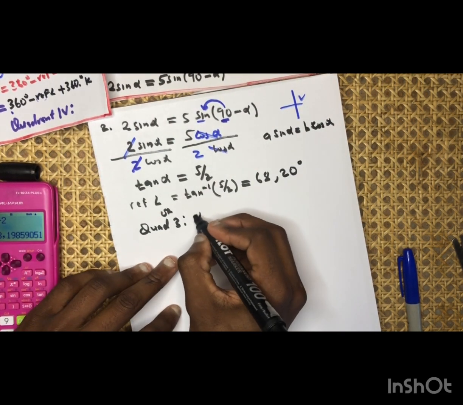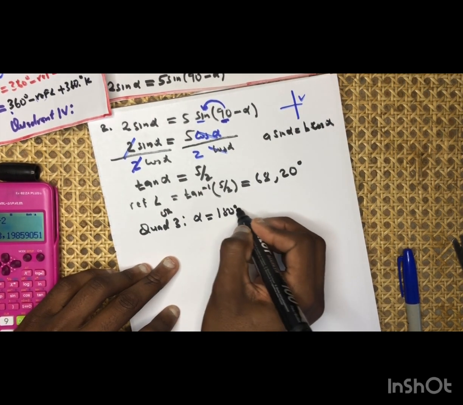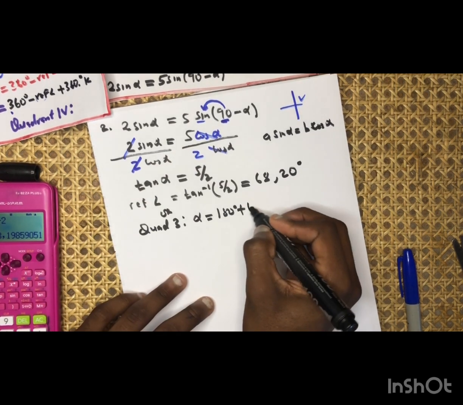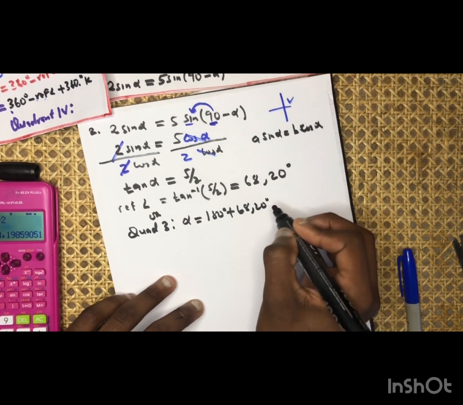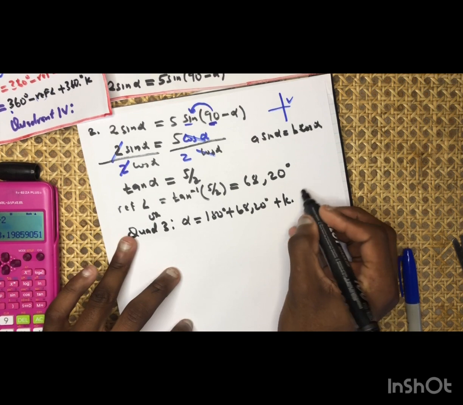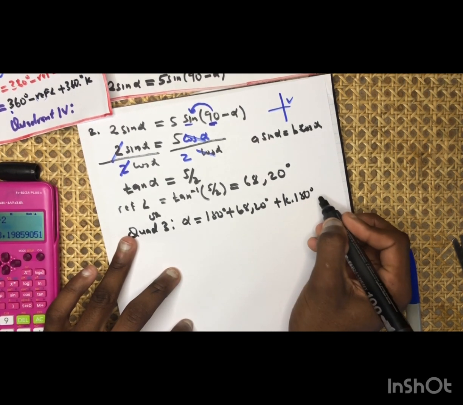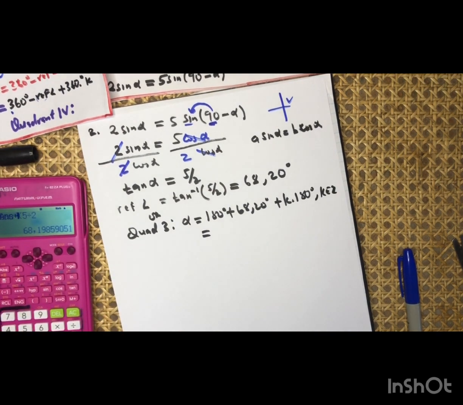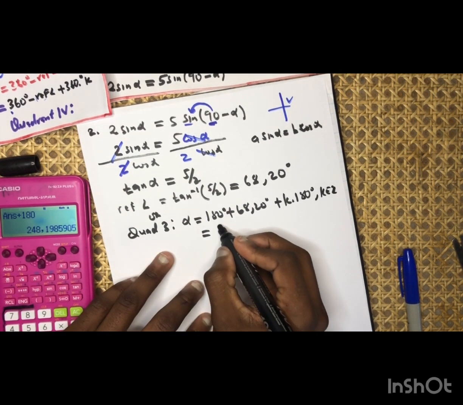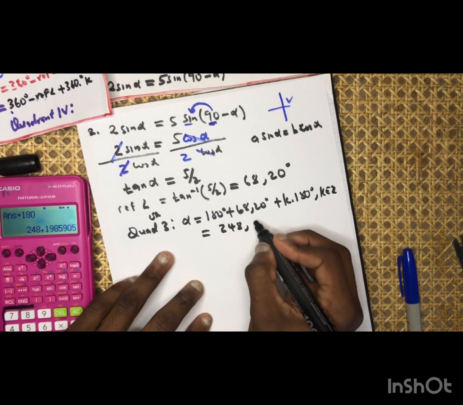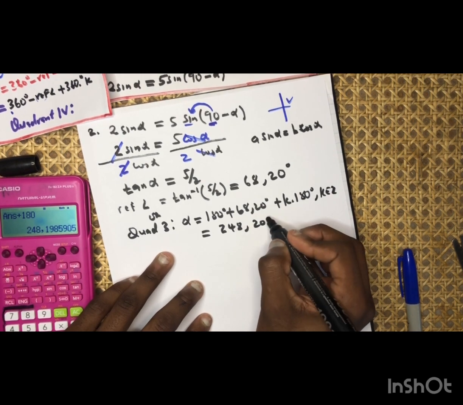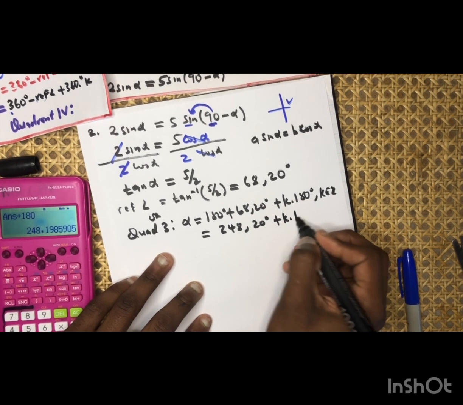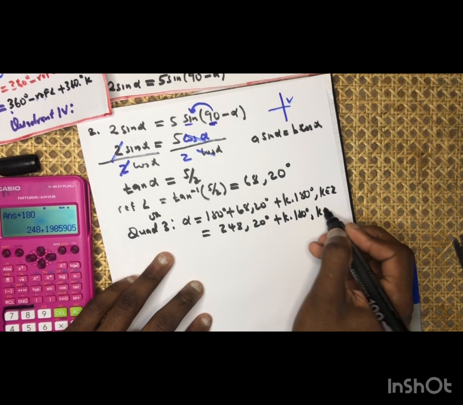So I'm going to say alpha is equal to 180 plus your reference angle, which is 68,20, plus your period. We are working with tan, so it is going to be k times 180 degrees, where k is an element of integers. So what do you get? If we add 180, we get 248,20 degrees plus k times 180 degrees, where k is an element of integers.